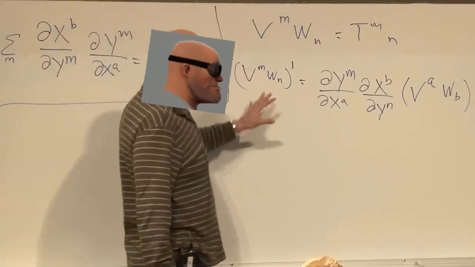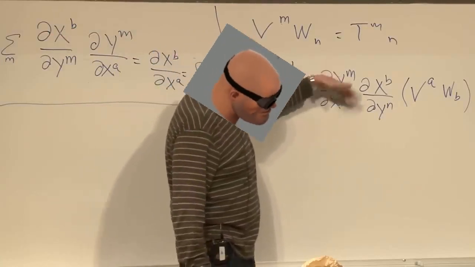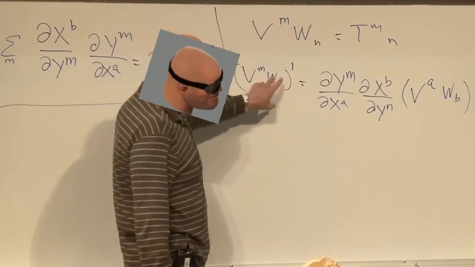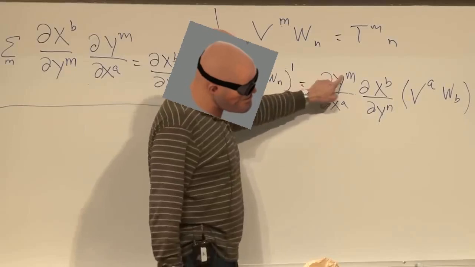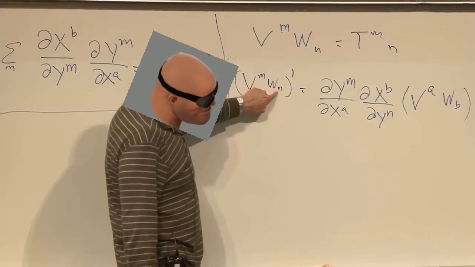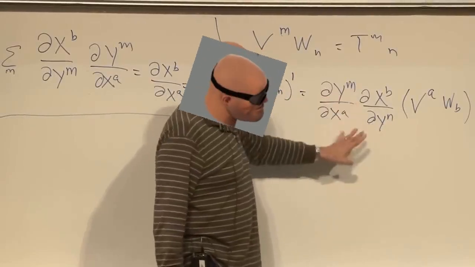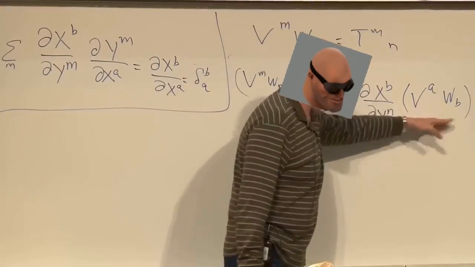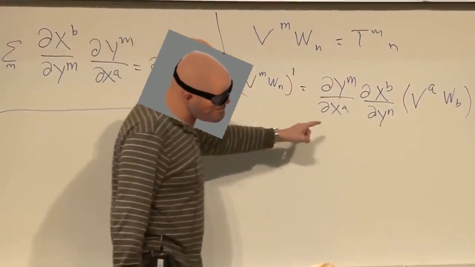The transformation properties always have, for each index in the tensor, one of these dy by dx's or dx by dy's. On the left-hand side, we have y's. This is the y components of something, and here we have upstairs index M. So we have a dy M by dx A. Here the y index is a lower index, so this one is dx B by dy N. And then we multiply by the same tensor, except in the unprimed components, the A B components.